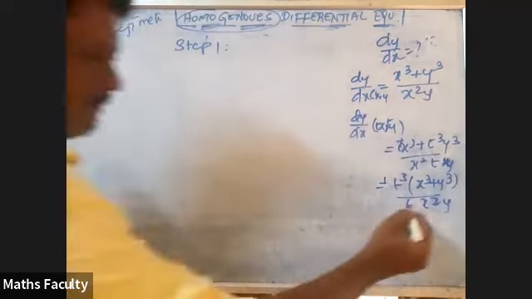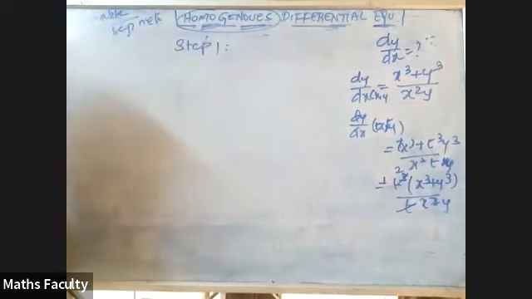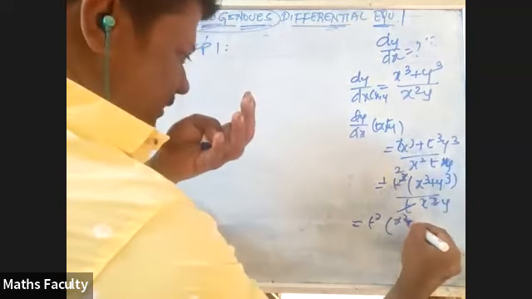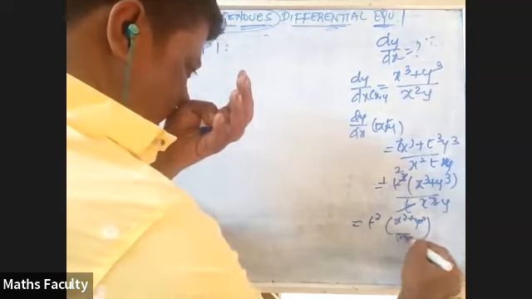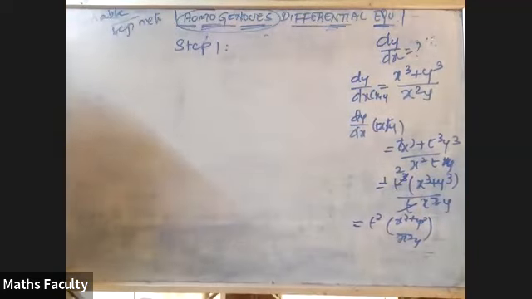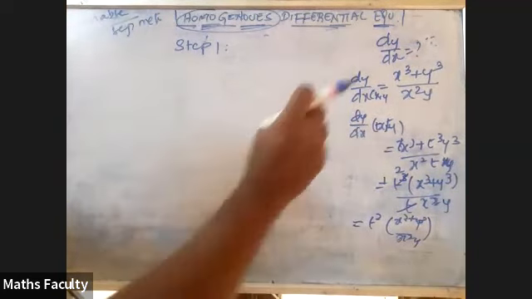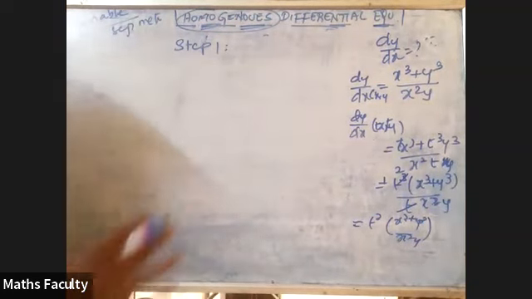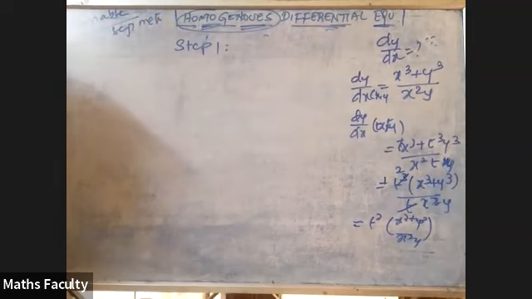Now listen here, we can cancel. This becomes t square into (x cube plus y cube) divided by x square y. This is all basic. If I explain this clearly, then you will be thorough in homogeneous. How to find out?